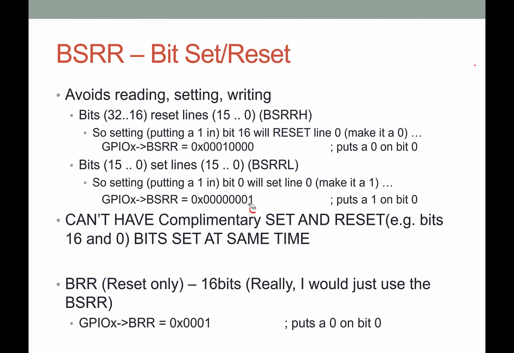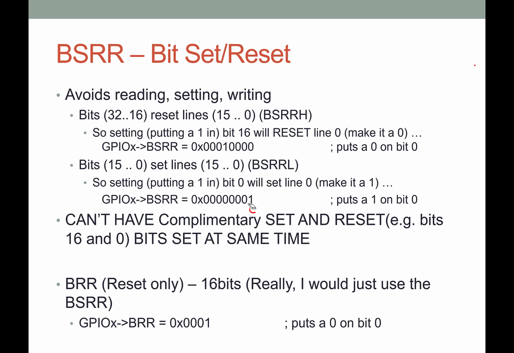Okay, so let's look at the bit set and reset register of the GPIO ports. What this allows us to do is set individual or a combination of lines, or reset an individual or combination of lines using a register. So that means we don't have to do the complicated output formatting that we might sometimes feel like we need to.